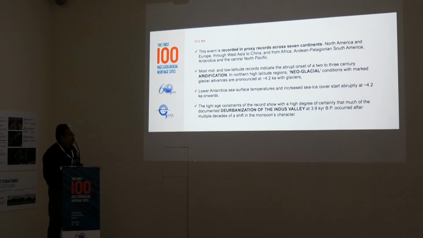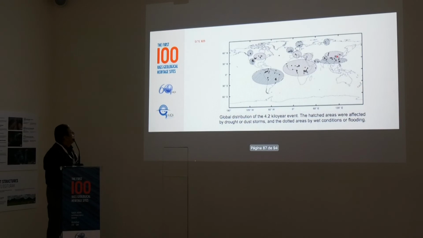So that climate change has badly impacted our societies and agricultural practices. You can see this here again in another cartoon, the global distribution of the 4.2 event. The hashed areas are affected by droughts or dust storms, and the dotted areas by wet conditions and or flooding. So it is a global event.